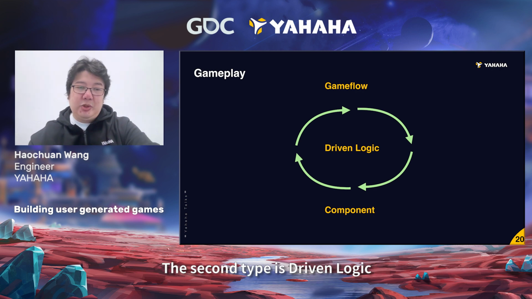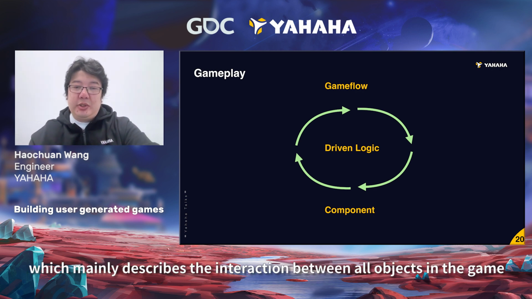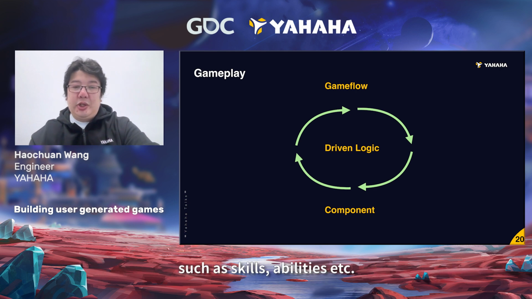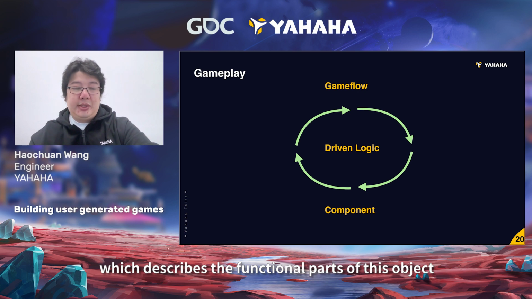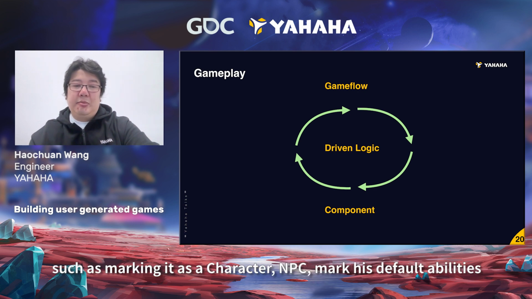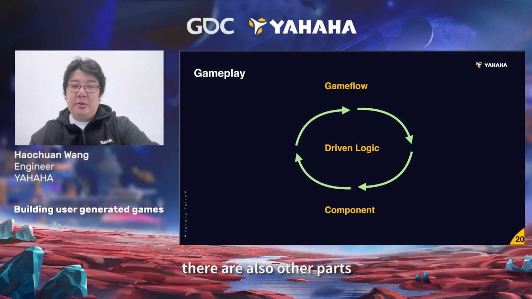The second type is driven logic, which mainly describes the interaction between all objects in the game, such as skills, abilities, etc. The third type is components, which describes the functional parts of the object, such as marking it as an NPC or character, and marking its default abilities. Of course, there are also other parts, such as global game rules, damage formulas, and so on.